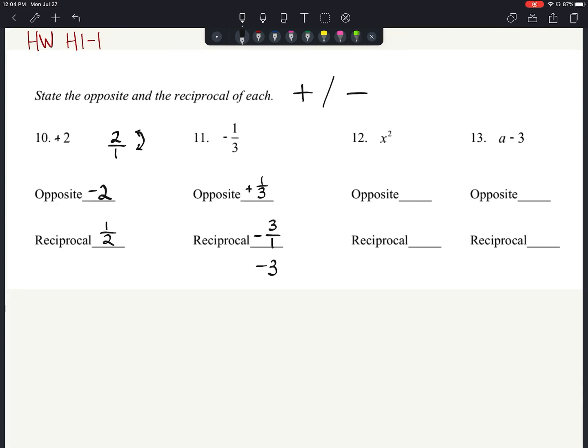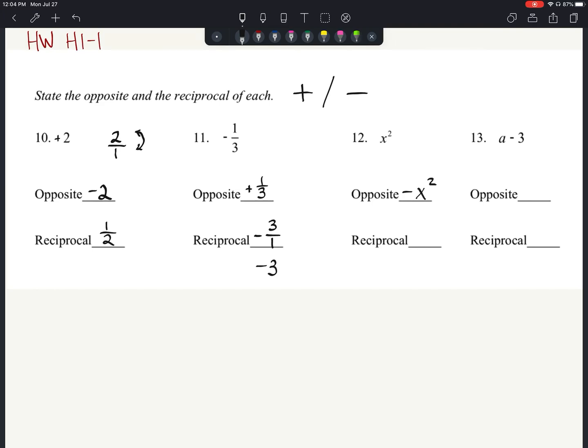Number 12, the opposite of x to the second power. When you think about the opposite of anything, if it's positive, then we have to make it negative. So the opposite of x squared is a negative x squared.